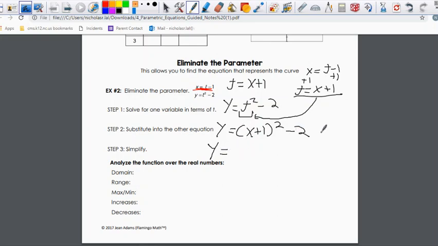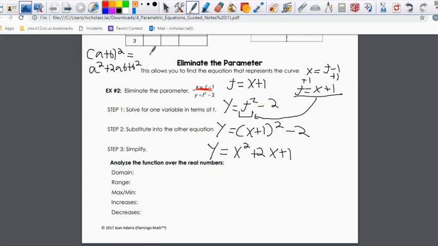And (x plus 1) squared is going to be equal to x squared plus 2x plus 1. That's because, just a reminder, (a plus b) squared is going to be equal to a squared plus 2ab plus b squared.